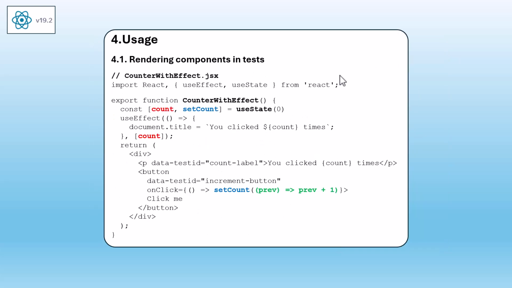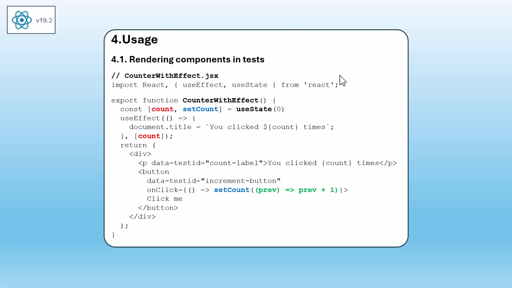4. Usage. When testing a component, Act is essential for making reliable assertions about its output. Without Act, there is always a risk that React has not yet fully finished processing updates. 4.1. Rendering components in tests. To test the initial rendering of a component, we wrap the rendering logic inside Act.